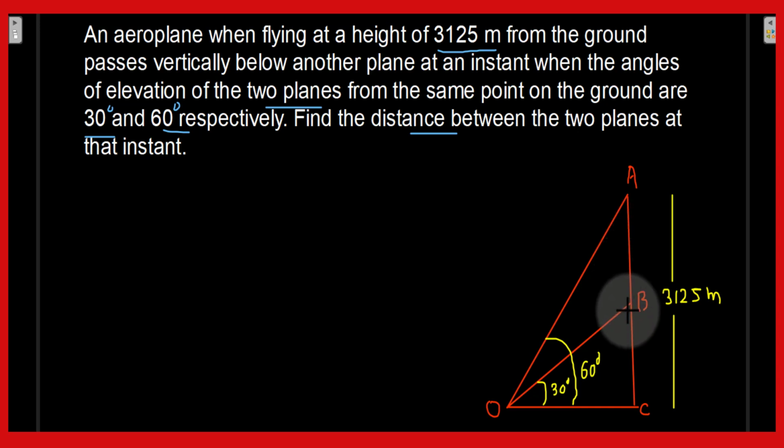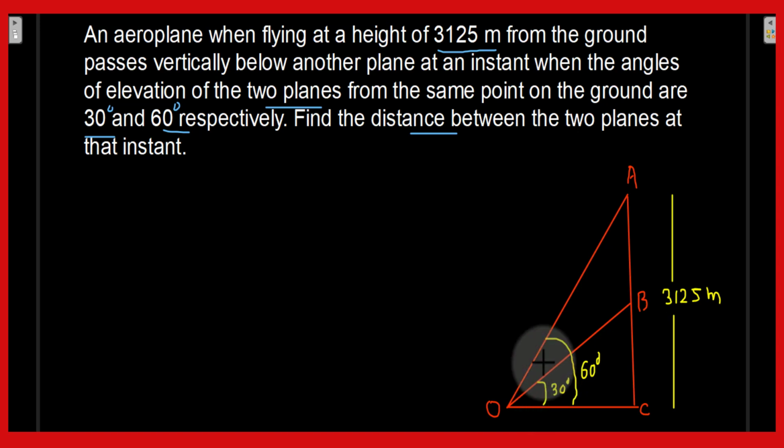So here the angles of elevation from a point on the ground, suppose that point is O, of the two planes from this point O are given as 60 degrees for A and 30 degrees for the other plane B.